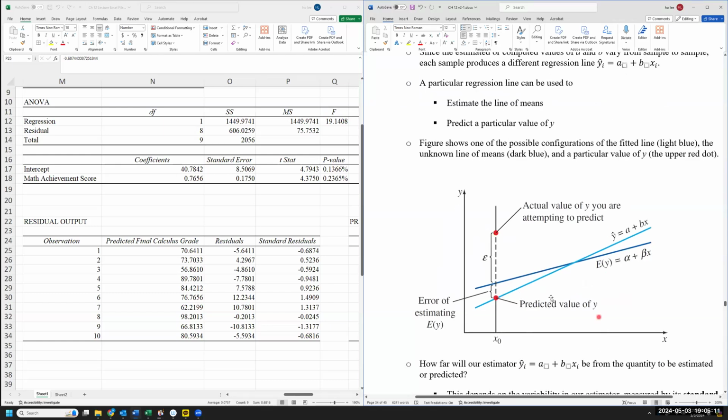So here it shows right here that we have a couple of issues here. One, we have the real relationship between X and Y. The light blue is the estimated relationship given that we have a sample of data.